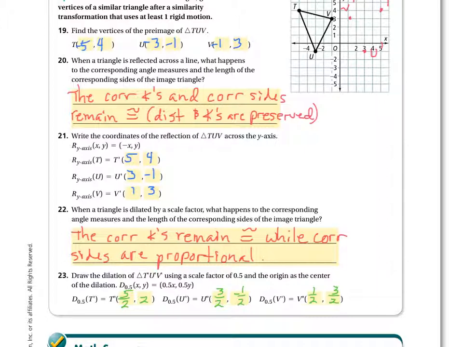So we're going to go ahead and plot that above. So 5 halves is 2.5, so 2.5, 2. Puts us right here for t double prime. And then 3 halves is 1.5, so to the right 1.5, down a half, puts us right in the middle of that grid box there, and that's your u double prime.